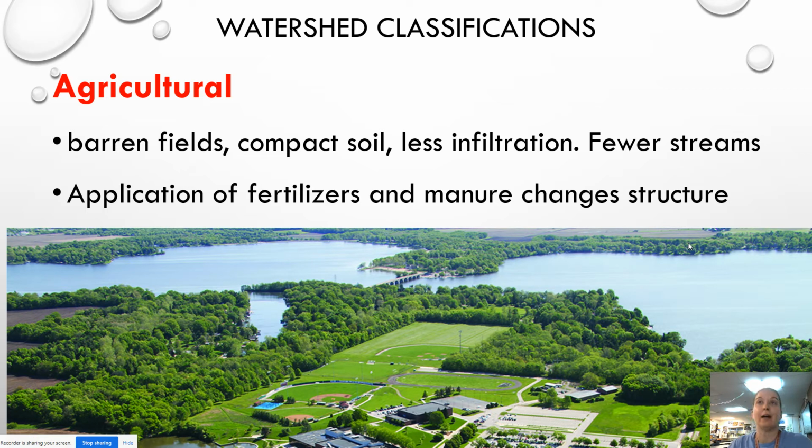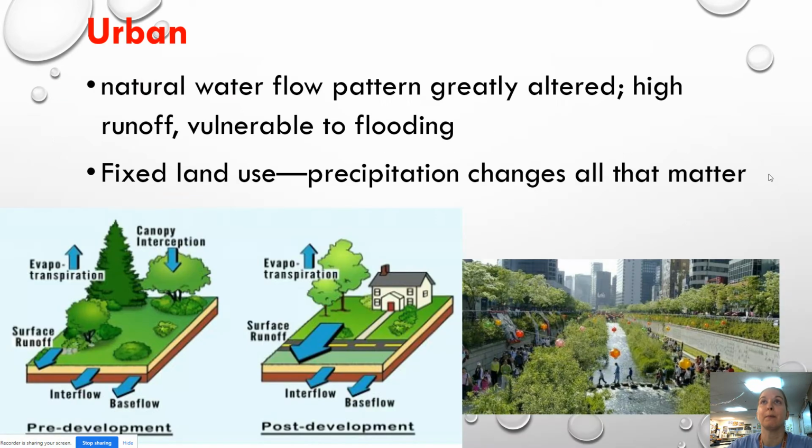You can have agricultural, and these are fairly barren fields, compact soil, less infiltration, fewer streams, and a lot of application of both fertilizers and manure changes the structure of the land and the watershed because all of that chemical gets washed into the water.